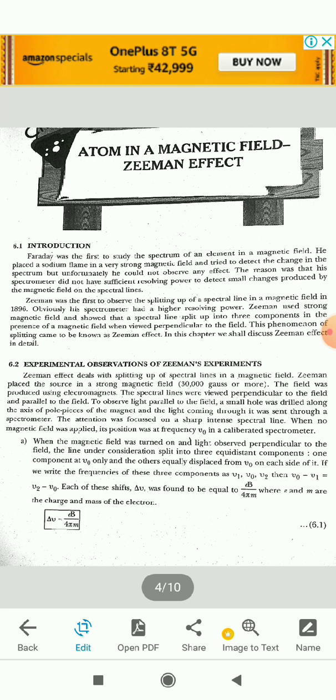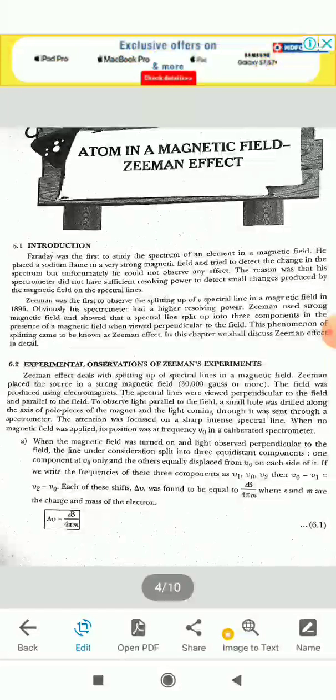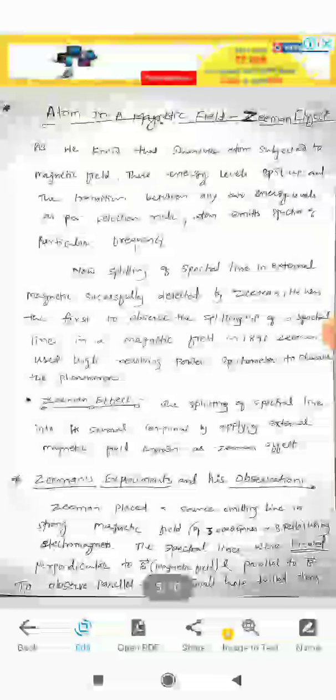The difference nu naught minus nu 1, and nu 2 minus nu naught, is exactly equal to eB upon 4 pi m, where e is the charge on the electron, B is the applied magnetic field, and m is the mass of the electron.